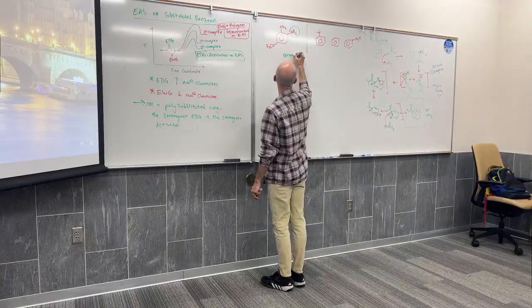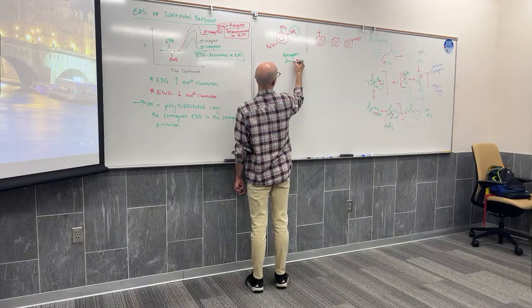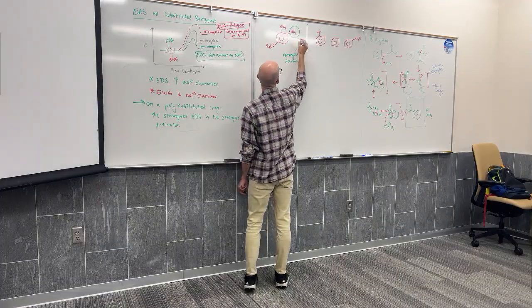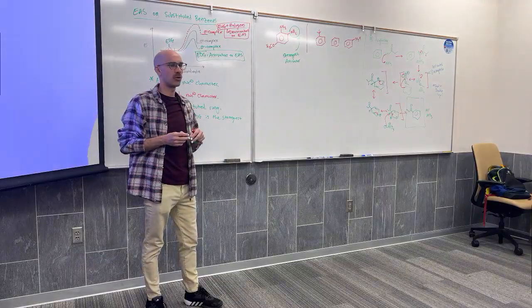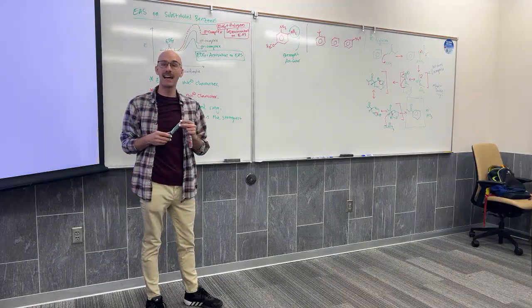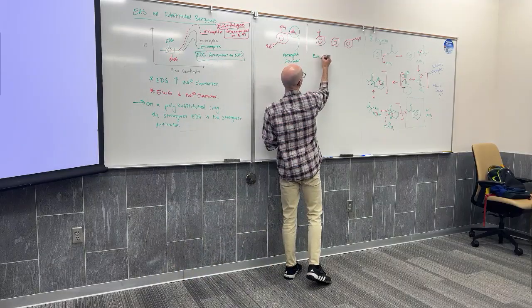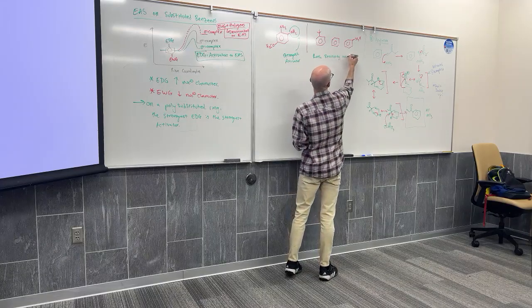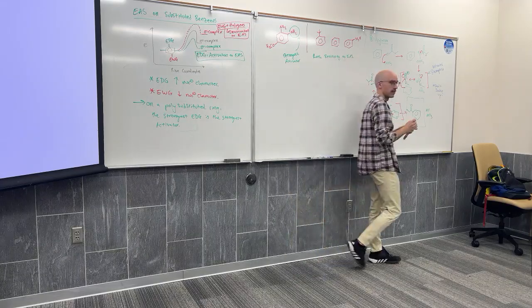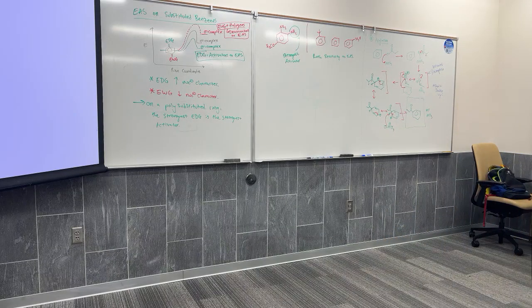Okay, now what am I going to ask in this series of molecules here? Rank them in order of their reactivity to EAS. Which of these is the least reactive to EAS?